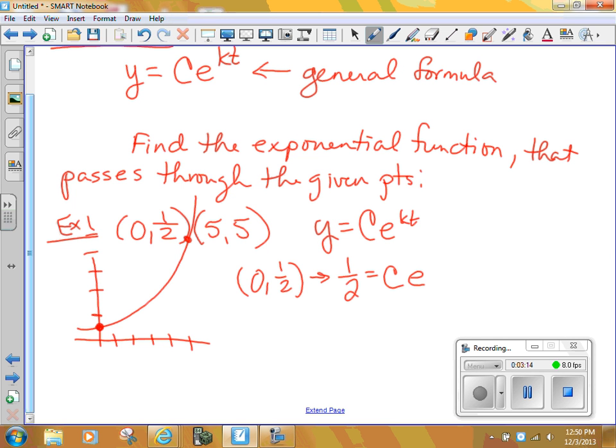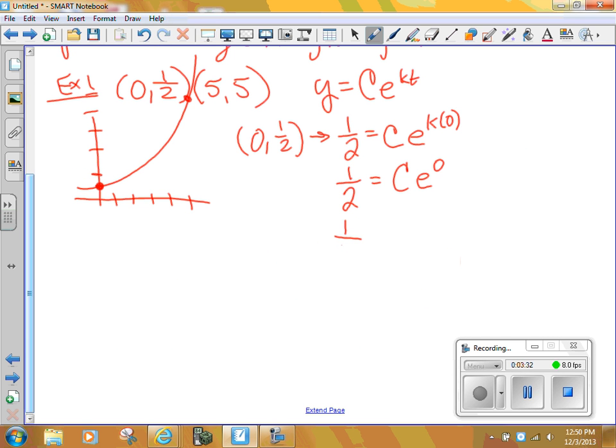So 1/2 is equal to C times e to the 0, which is 1, so 1/2 is C. Haven't we done a problem with this already today? Now what?